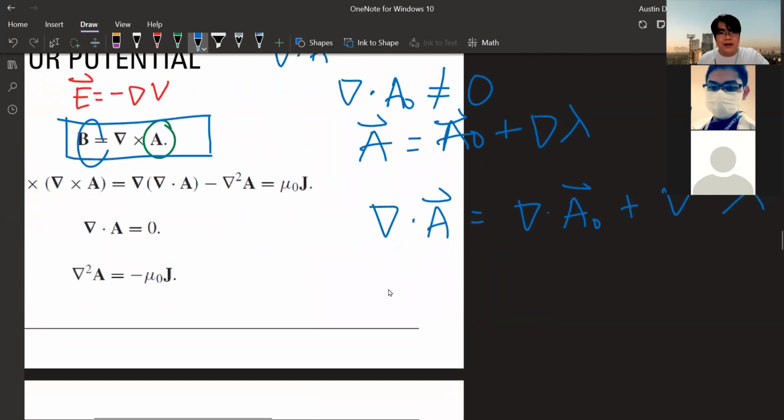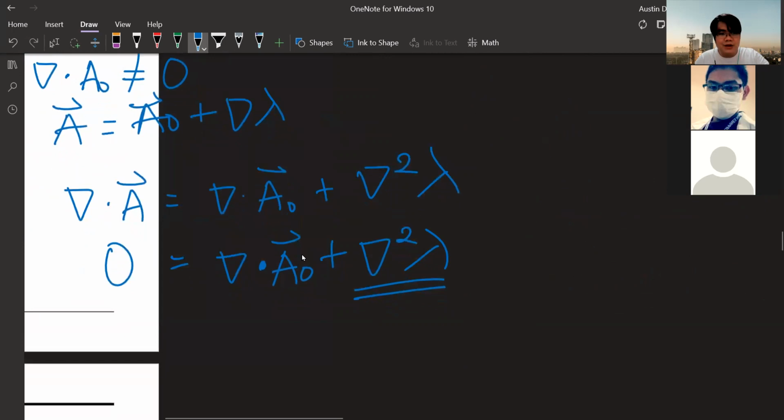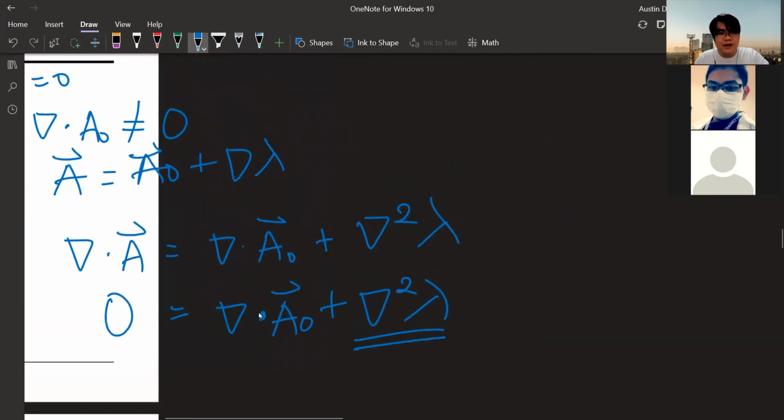So, to do that, dapat, sige, equal natin sa zero ito. Then, we should say that yung i-propose natin na idadagdag natin, which is yung second term, this guy, would actually match the value of the yung divergence na hindi zero. Kasi hindi to zero, di ba?